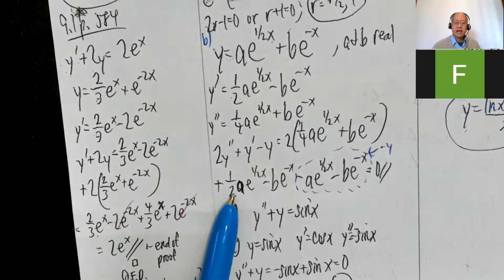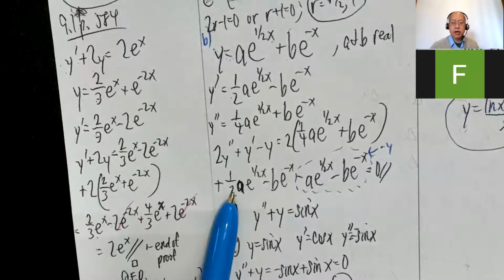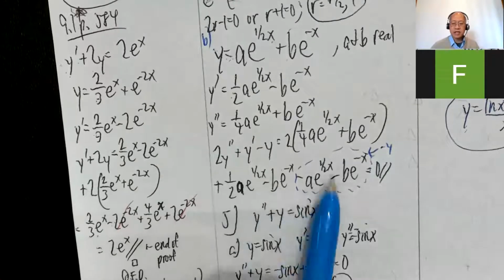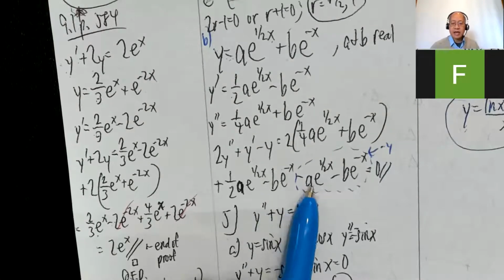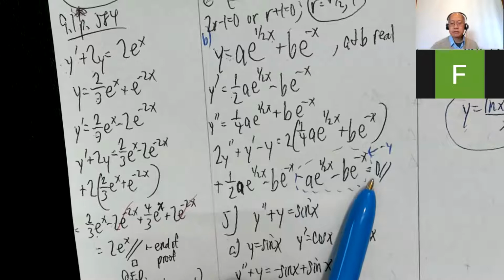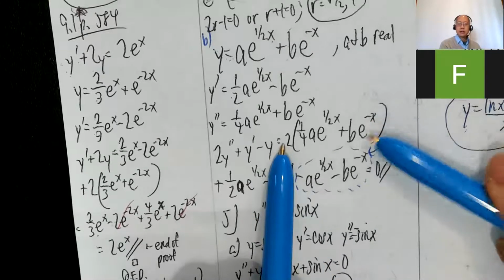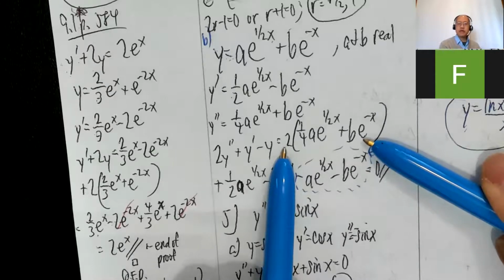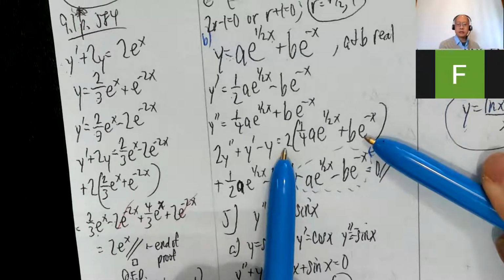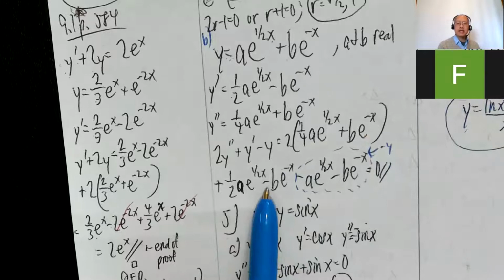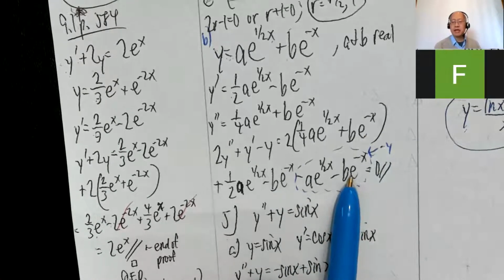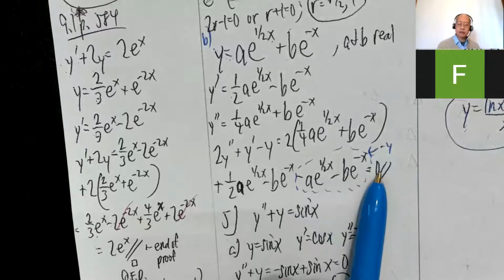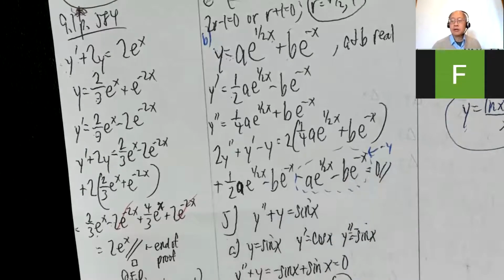Another half a e to the half x is 1 a e to the half x, but I'm subtracting a e to the half x, so that's gone. Similarly, this gives me 2b e to negative x minus b e to negative x minus another b e to negative x. It's 0. It definitely works. No question about it. We have what we want.